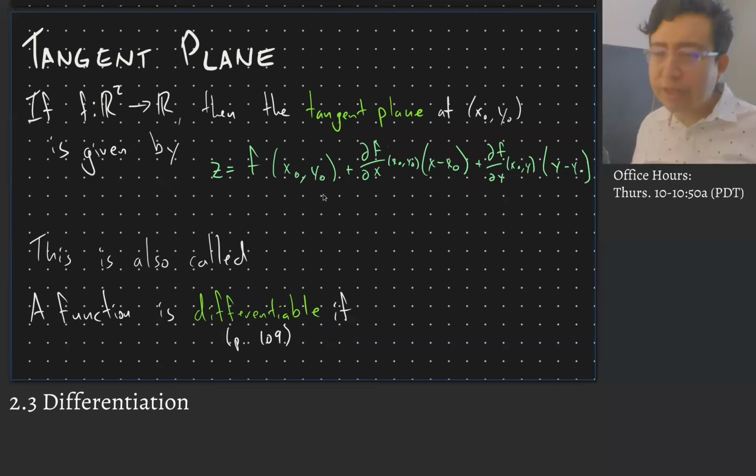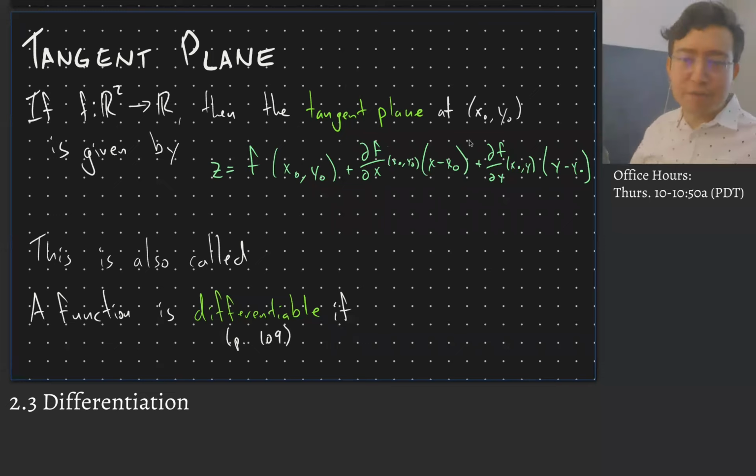So this looks very similar to the general equation for a plane. You had some numbers in front of your x, y, and z, but then you also subtracted a certain point in three-dimensional space.